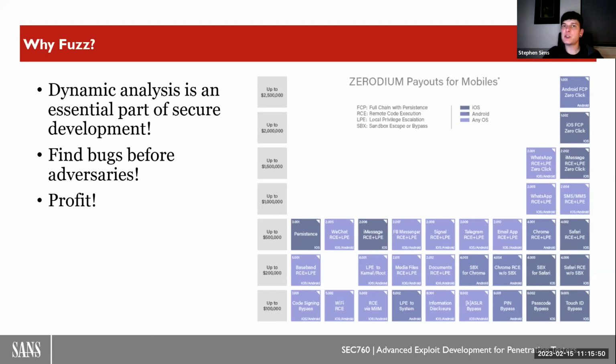So I've spent a lot of time on this slide, and I think it's important because the question I asked is, why fuzz? Because it's worth a lot of money. Even if we're not talking about dollars, we're talking about the value of it to an organization.